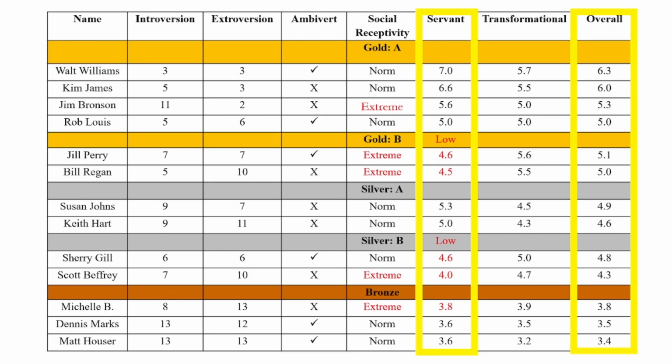Therefore, gold standard A are those who not only scored a 5.0 and better in the overall, but at least a 5.0 in servant leadership. Now, when we look at gold standard B, they are still categorized as the gold standard because in the overall, they scored a 5.0 and better. However, what drops them to a standard of B is that their servant leadership was below 5.0.